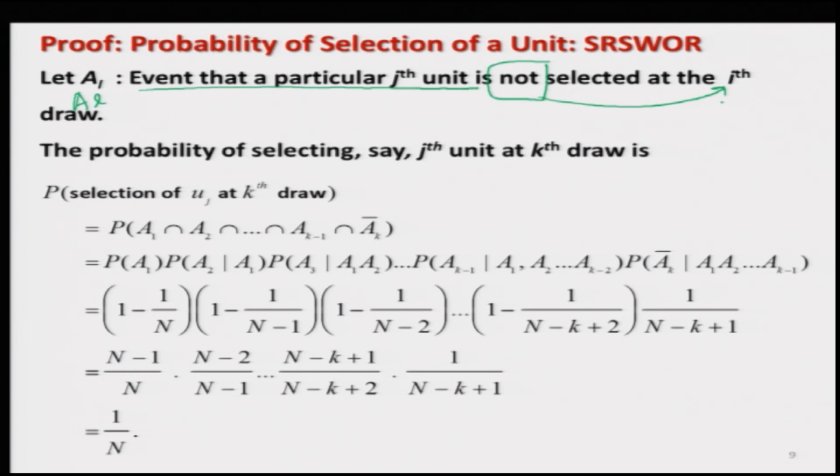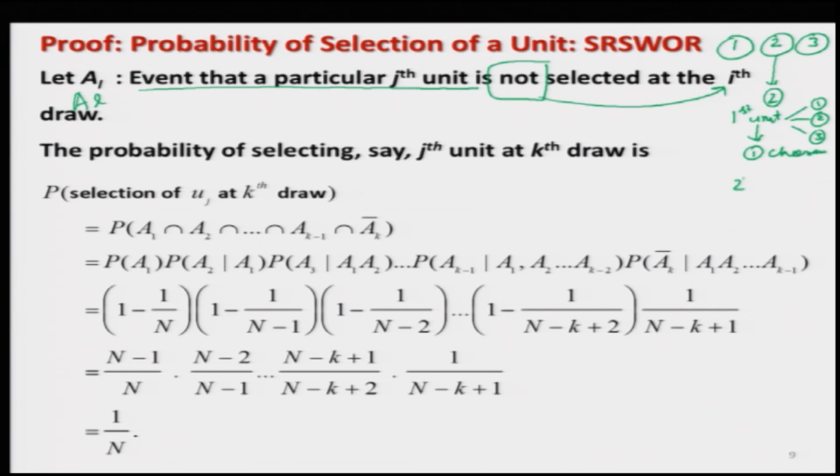Suppose I take a simple example that I have 3 balls, ball number 1, ball number 2 and ball number 3. Suppose I consider ball number 2, and suppose I want a sample of size 2. Now when I try to draw the first unit, there are 3 possibilities: ball number 1 may come, ball number 2 may come, ball number 3 may come. And suppose in the first draw, ball number 1 is chosen.